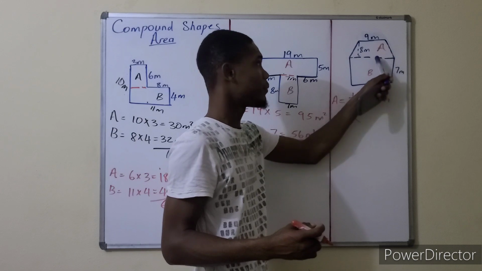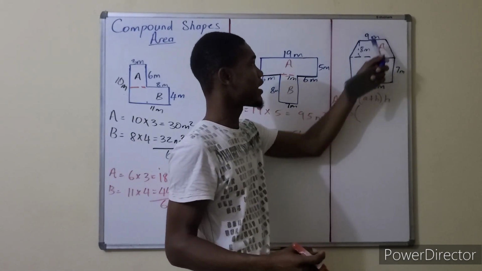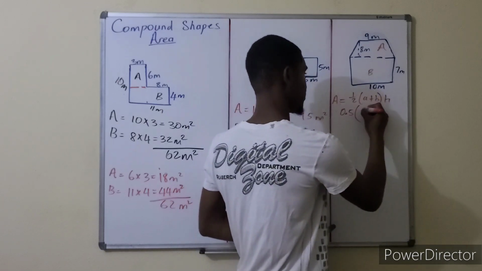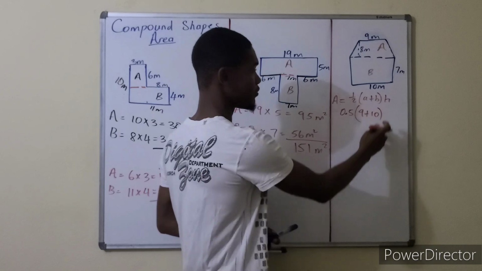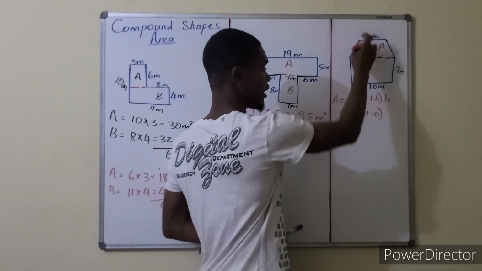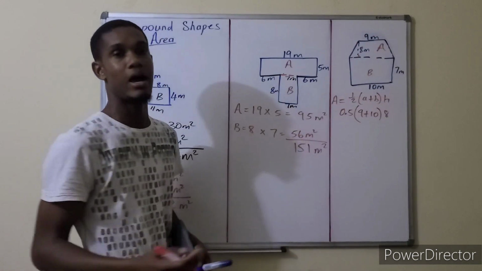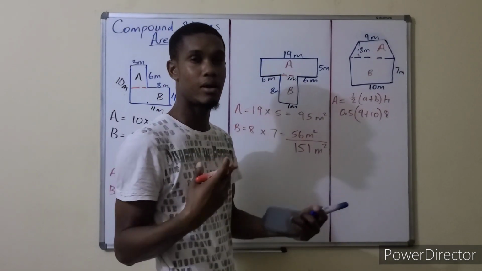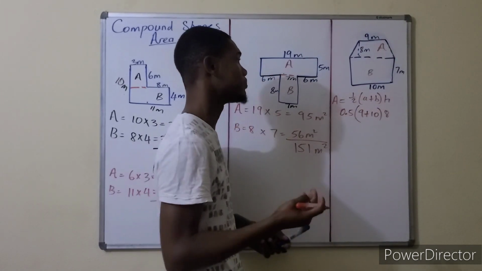But because this piece here is a rectangle, it means that this 10 comes up here as well. So it's 9 plus 10. And then the height of the trapezium would be the 8 here, because it's the part that makes what we call the perpendicular side or the perpendicular height of the trapezium.